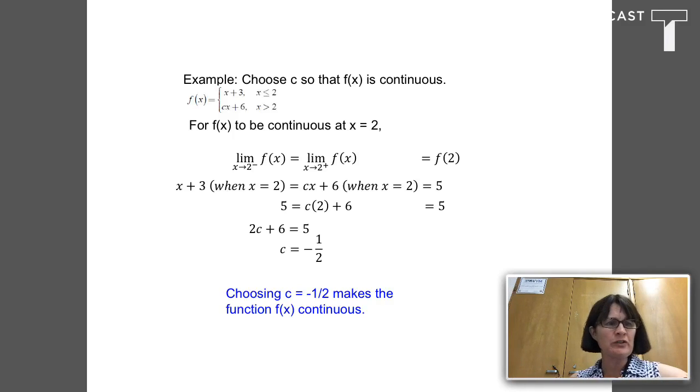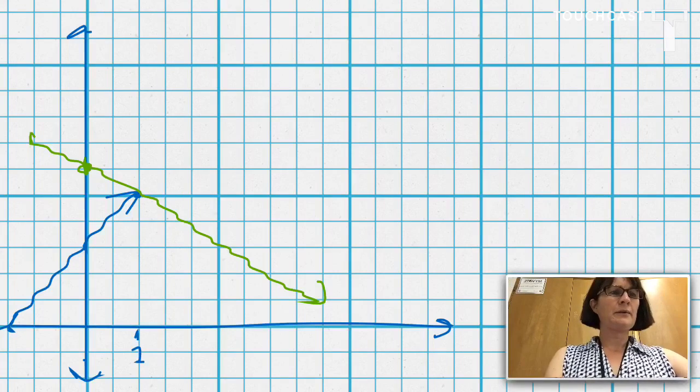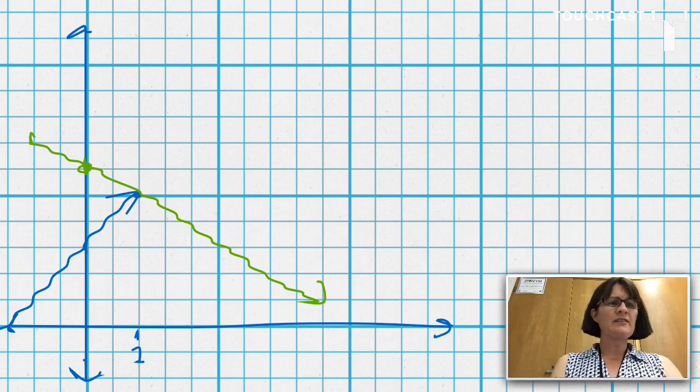So I could make a picture. I've made a picture for you here. So this is the top piece of the piecewise function, what ended up as a blue squiggly. It's supposed to be a blue line. And I know the y-intercept of my second piece is supposed to be 6.